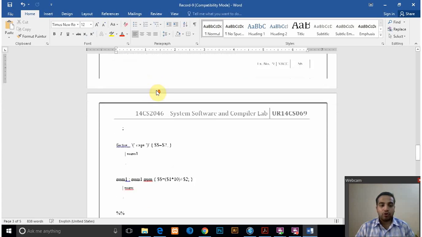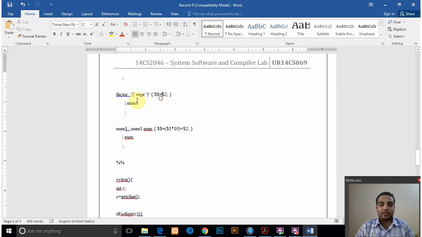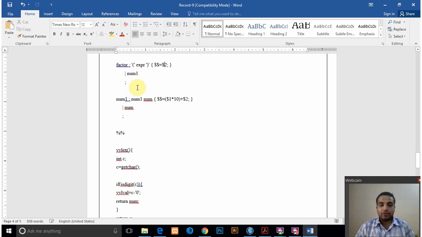Then next we move on to factor. In factor, we will be checking this arrangement, that means an expression enclosed in parentheses. In that case, for consideration, we will be taking the second operand. The second operand will be our expression. This may consist of multiple operands and operators. Next, we go to num1.